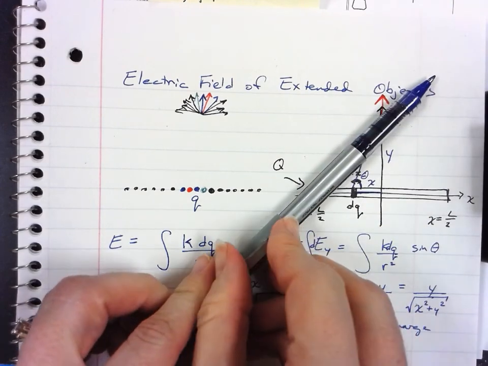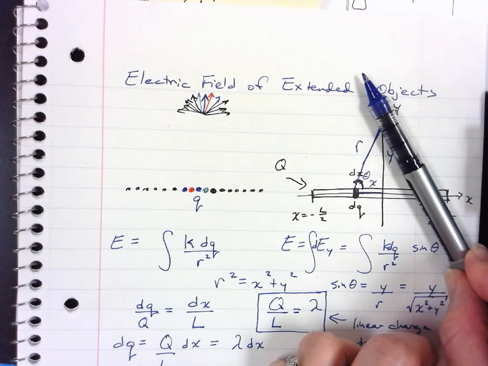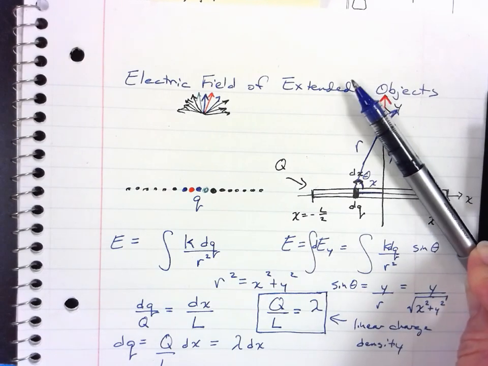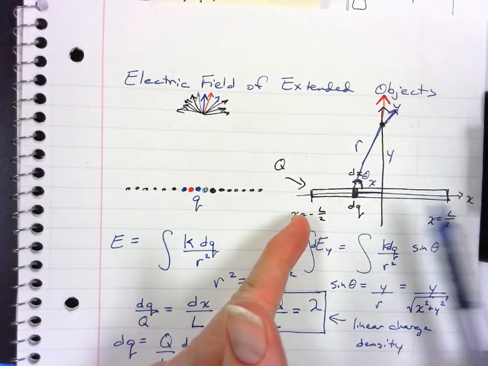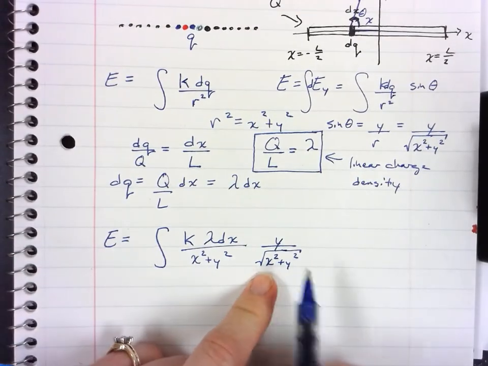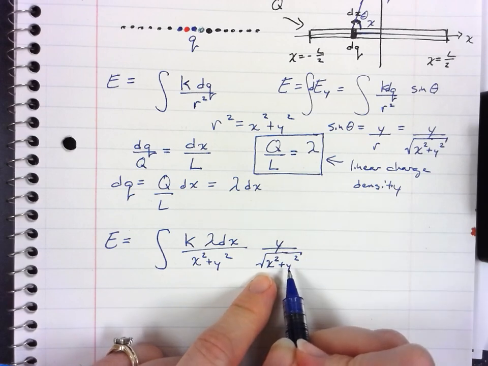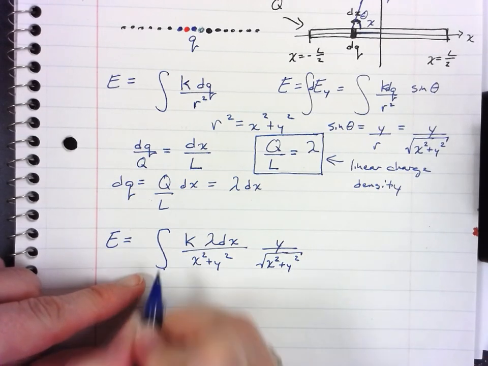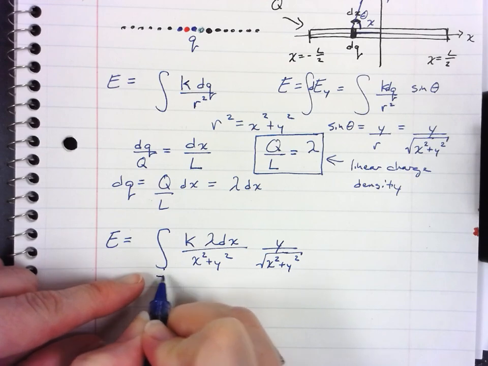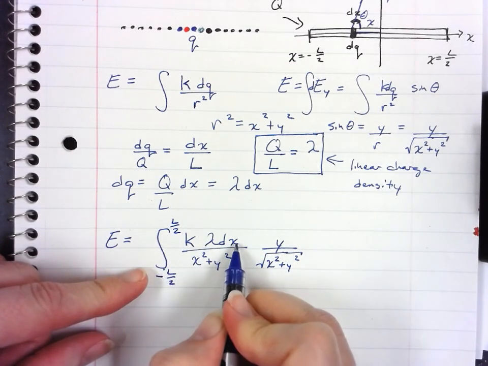Because at each location, we're getting an electric field. And so as we sweep across from the left to the right along the bar, we add together all the electric fields. And because we've included the sine of the angle substitution, we're adding together only the y components. So the limits of integration here are negative L over 2 to positive L over 2 with respect to x.